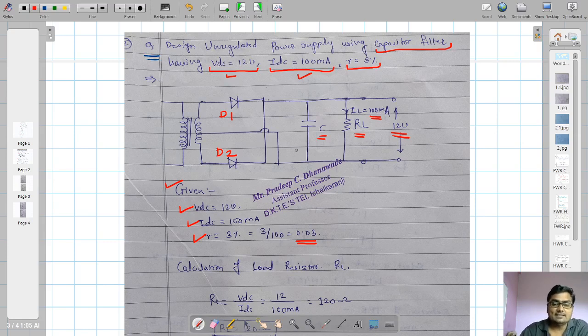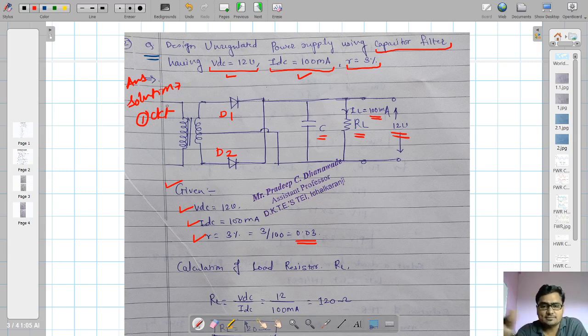Whenever you start with a design problem, the first thing is you have to draw the circuit diagram. Look at the steps. The design statement is there. Under the solution section, the first thing must be your circuit diagram.